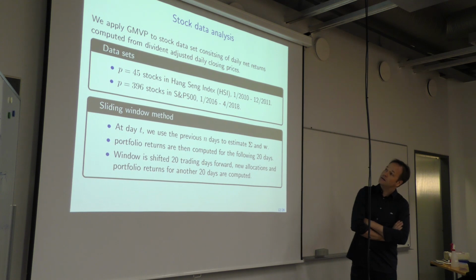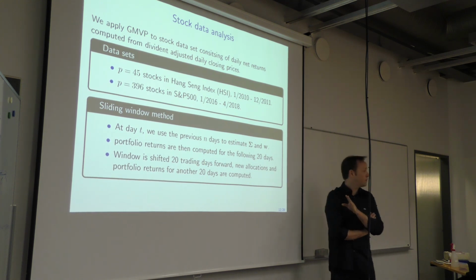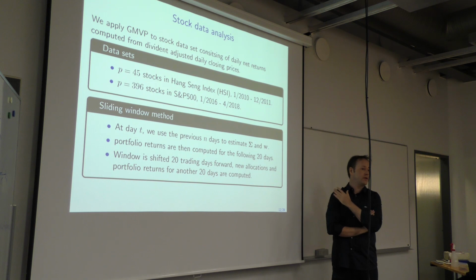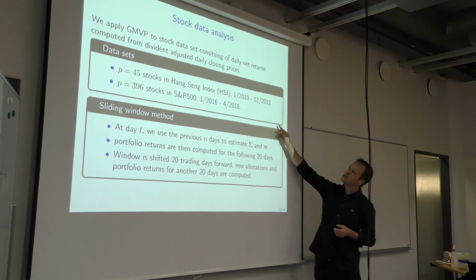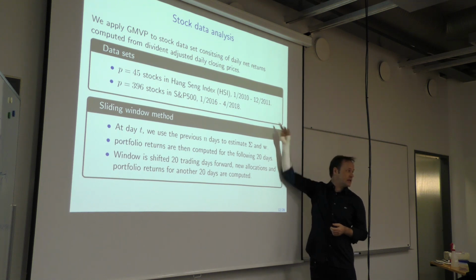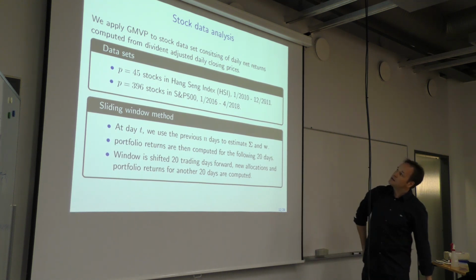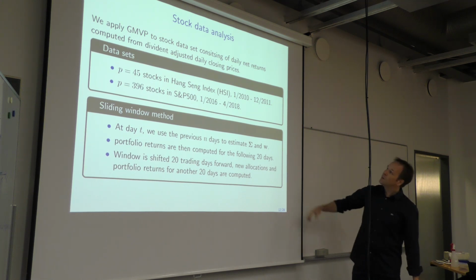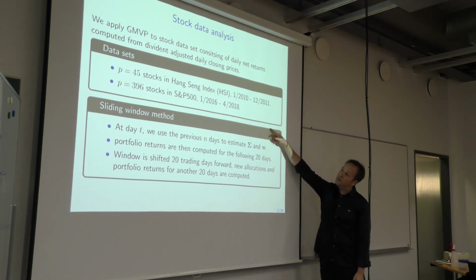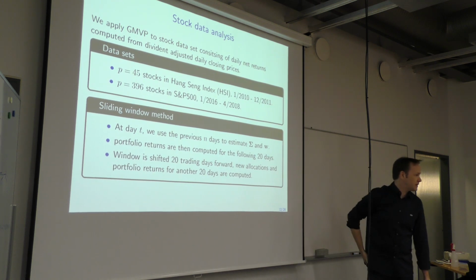And then just to look at this in practice, we have real stock data here. We have 45 stocks from Hong Kong, the Hang Seng Index. And that's a year when the stock market was not as stable as it is nowadays, 2010, 2011. And then we have 400 stocks from the S&P 500.